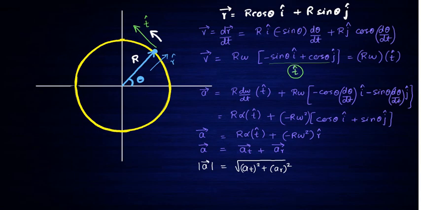So this is calculus based analysis for a particle moving in circular motion, wherein omega happens to be the instantaneous angular velocity d theta by dt, and alpha happens to be the instantaneous angular acceleration d omega by dt.